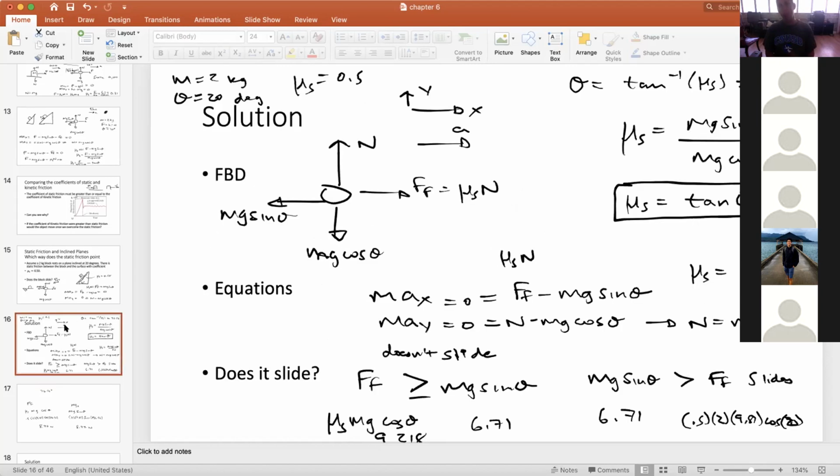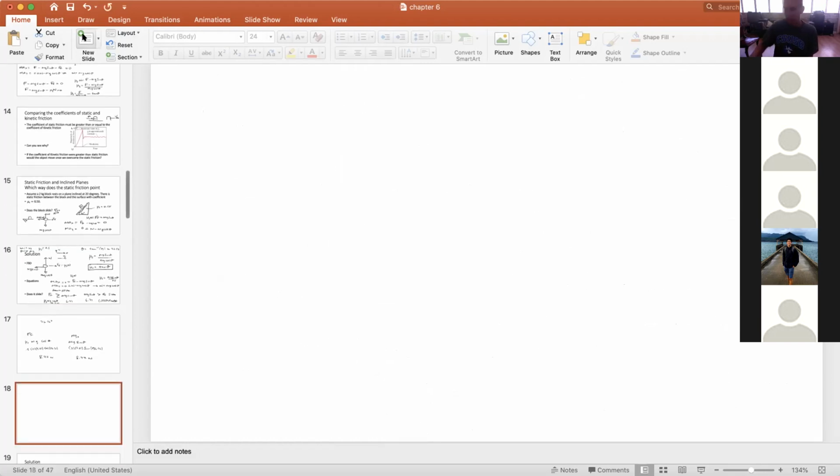So there's a very important lesson here. In this particular problem, it cannot slide because the force of friction is greater than the weight component. But there's an even more important thing here. Friction can't make it accelerate up, okay? If I go back and look, m a_x equals 0, which is the force of friction minus mg sine theta.